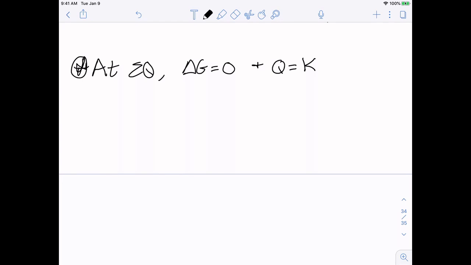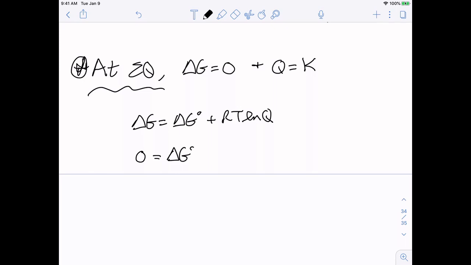So if we take our equation, delta G is equal to delta G naught plus RT times the natural log of Q, and then substitute those values into it, I have 0 is equal to delta G naught plus RT times the natural log of K, right? Q becomes K if I am at equilibrium. I am going to rearrange to solve for delta G naught.